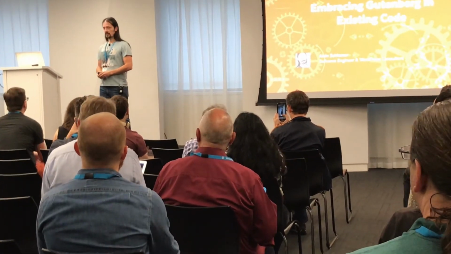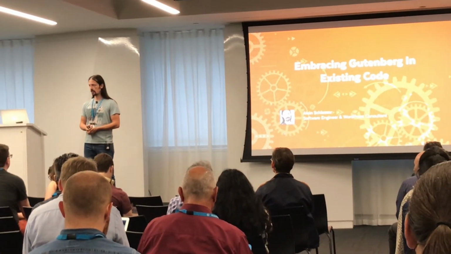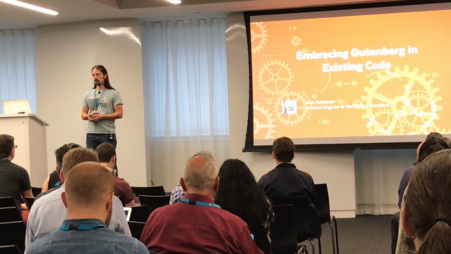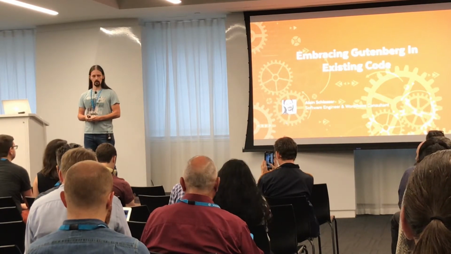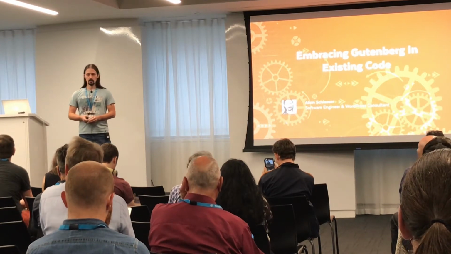Hello everyone. So this talk will mainly concern developers and product owners in the WordPress space, but I try to focus more on the concepts than on the nitty-gritty code details. So I hope that everyone can take something out of it.